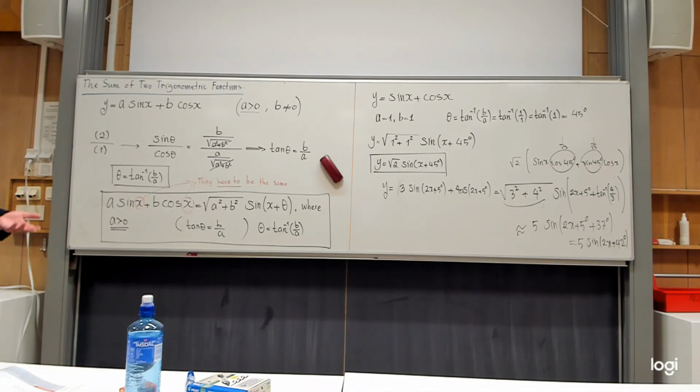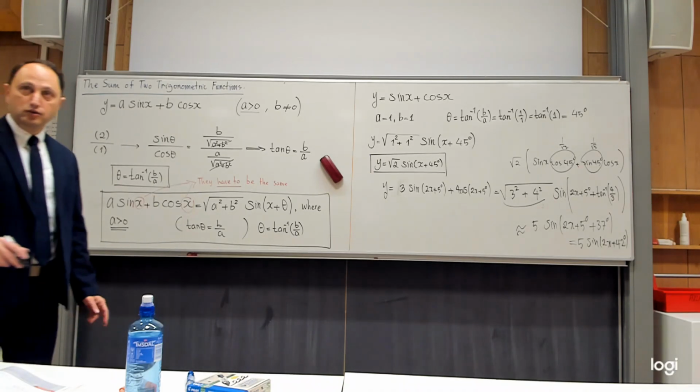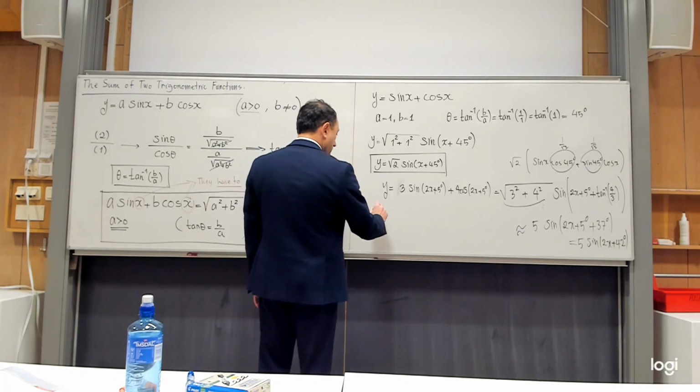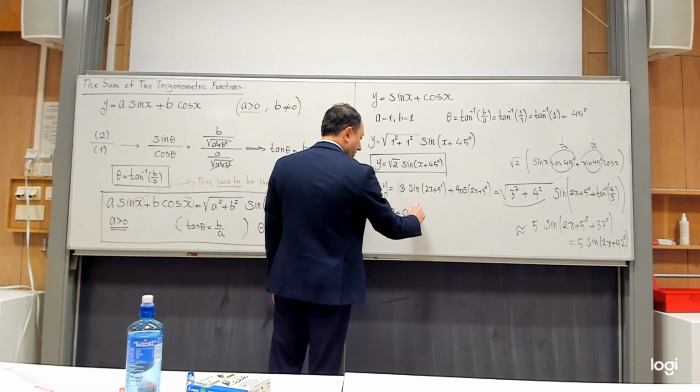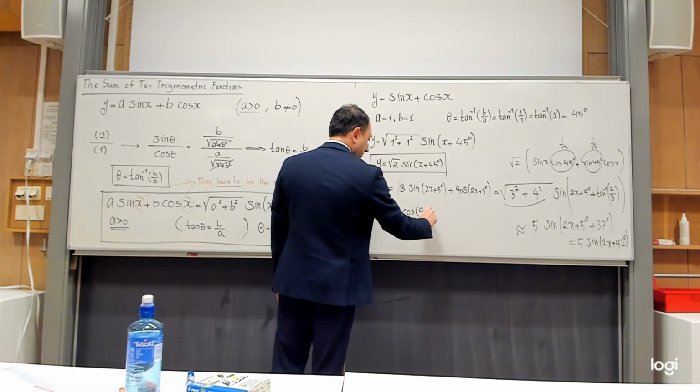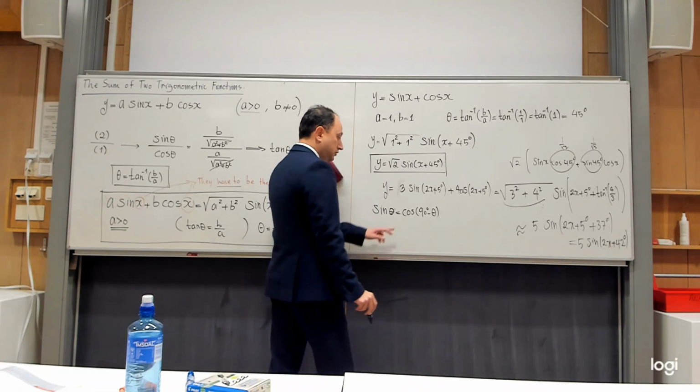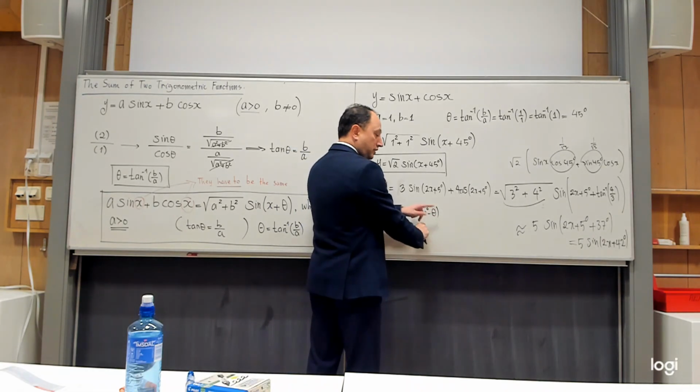Now this should be famous for you by now. Yes, you subtract 90 degrees from that. I told you the other time, sine of any angle is equal to the cosine of its complement. Yes? But for cosine, it doesn't matter if I interchange them.